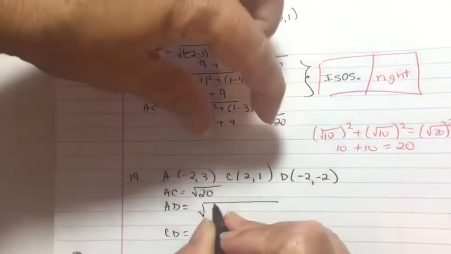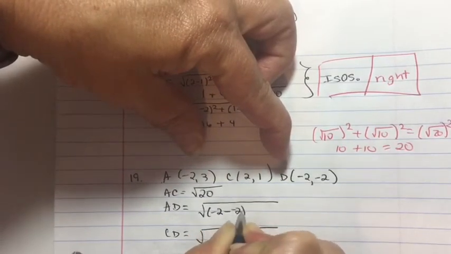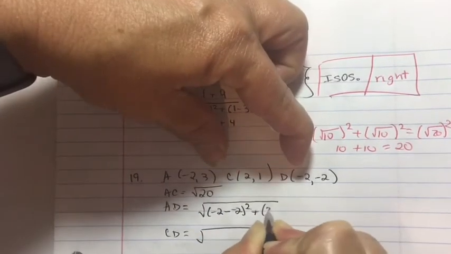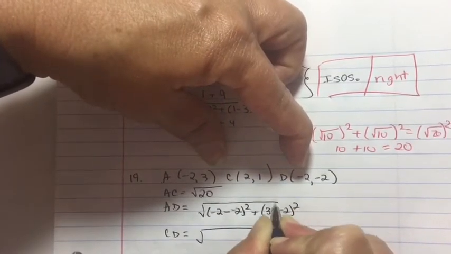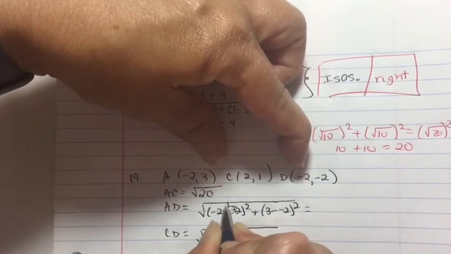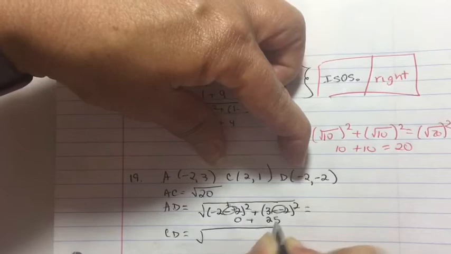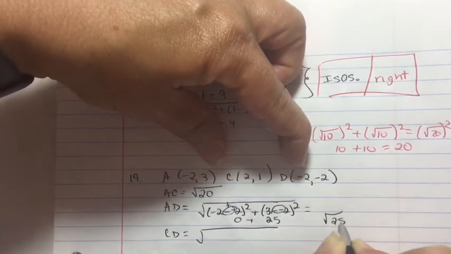So from A to D, I'm going to do a -2 subtract a -2 squared, and then a 3 subtract a -2 squared. Be real careful with your signs. This turns into 0 squared, and this turns into 5 squared. So you have the square root of 25.